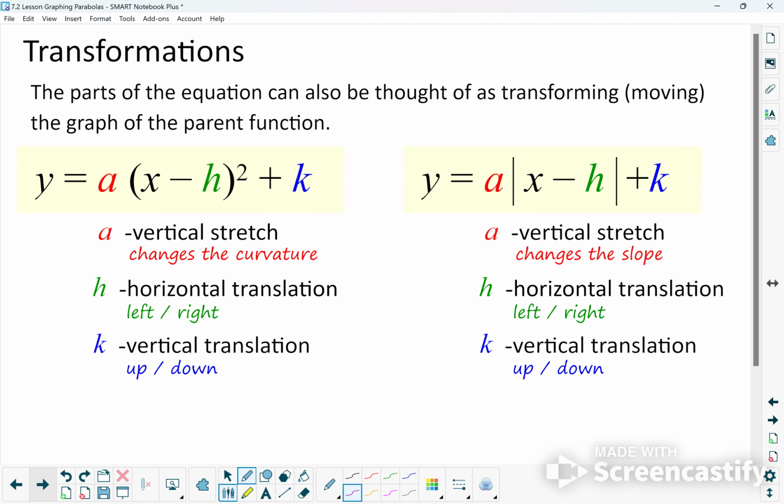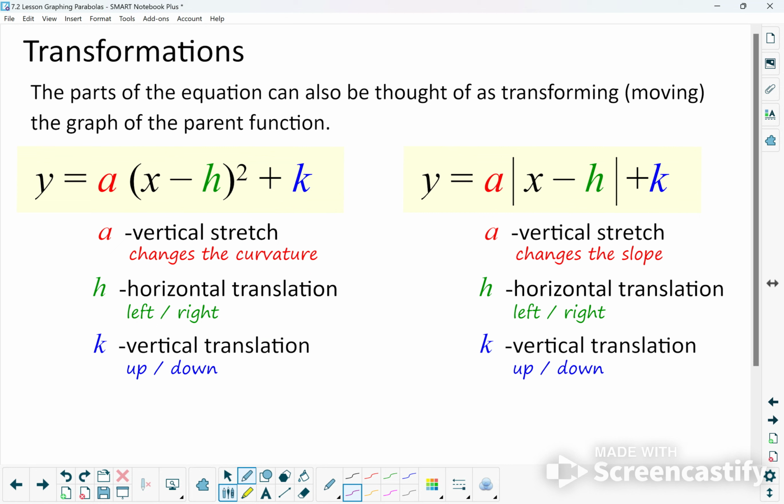So let's do a couple little problems about transformations really quickly. These two functions transform exactly the same way. So the a value that's at the front is going to be the vertical stretch, which either changes the curvature or the slope of the function. The h value that's with the x is going to be the horizontal translation, which is the movement to the left or to the right of the vertex.